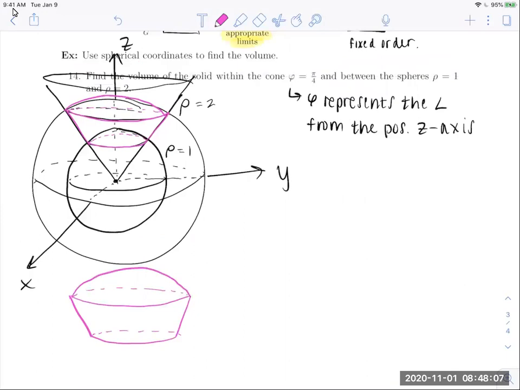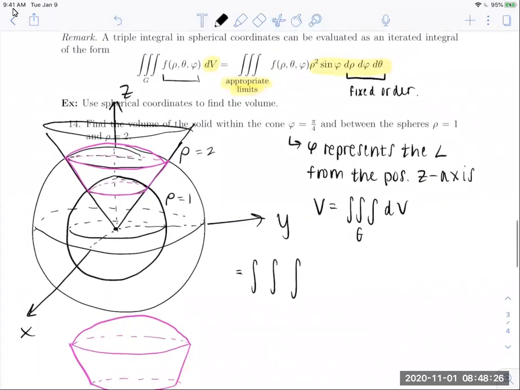And so if we just set it up in generality at first, remember the volume is the triple integral over our solid G dV. Now we want to use spherical coordinates. So what we know is our dV gets transformed to rho squared sine phi d rho d phi d theta.